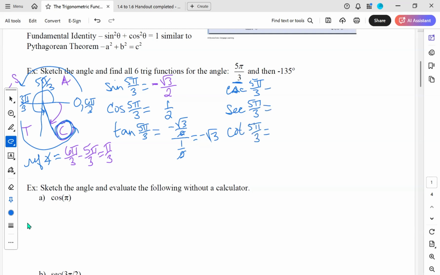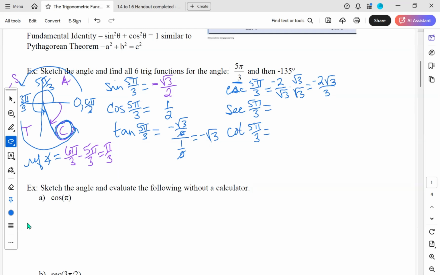For all of these, I use my reciprocal identities. I take what I have and then I flip it over. So sine was negative square root of 3 over 2, so that's going to be negative 2 over square root of 3. And then rationalize. So I multiply top and bottom by the square root of 3. So this will give me negative 2 square root of 3 over 3.